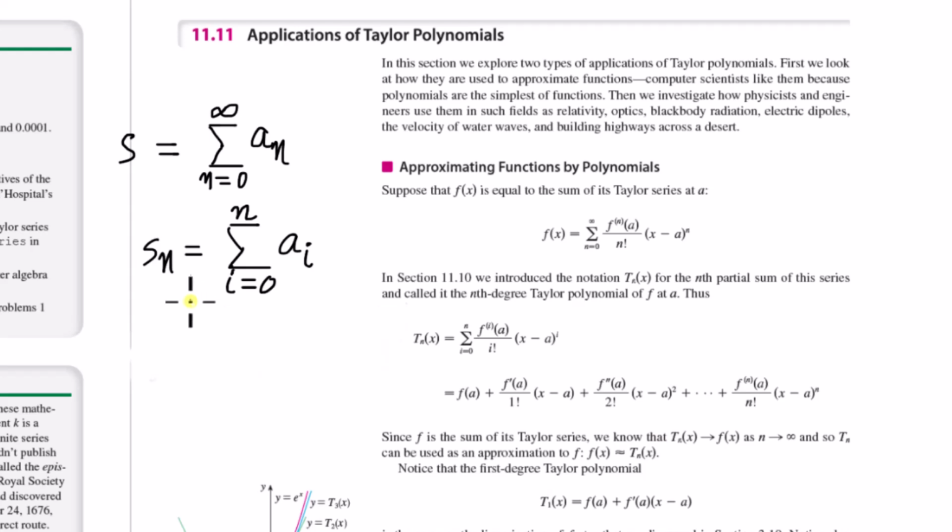Okay, now, in addition to the infinite sum S and the partial sum S sub n, we also talked about R sub n.